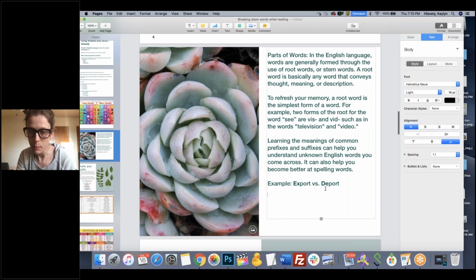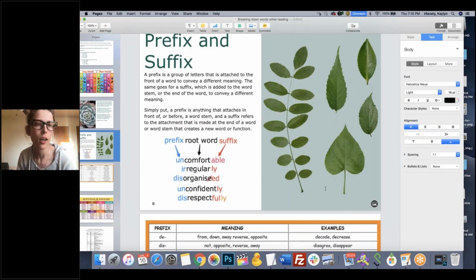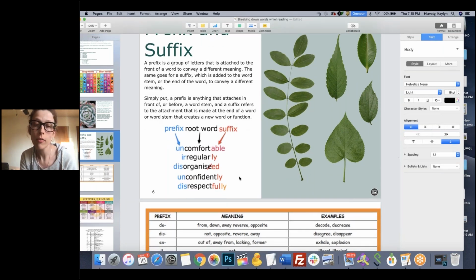Same with the word deport. A prefix, like I said, is a group of letters attached to the front of a word to convey a different meaning. The same goes for a suffix, but it goes at the end. So a prefix attaches to the front of the word, and the suffix is after.